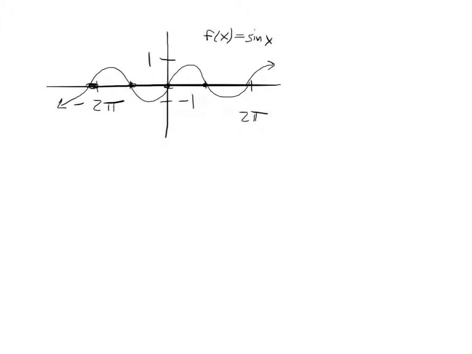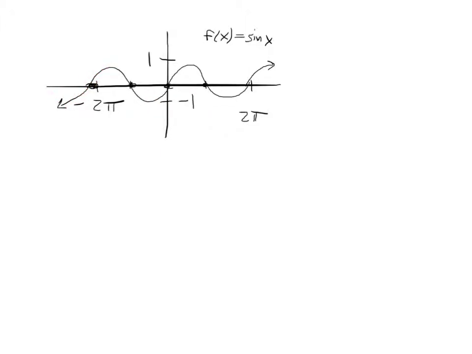So the thing to think about is we have our sine function. The sine function takes on all values from -1 to 1. So we're going to want to restrict the domain of this function where we get all y values from -1 to 1. And clearly there are infinitely many subsections of the sine function where we could get the values from -1 to 1.